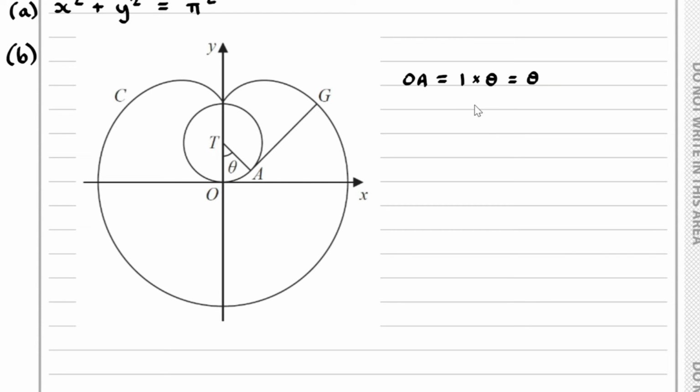So OA has a length of theta, and AG, if the length of the entire rope over here is pi, then we take away this little bit, leaving us with this bit over here. So AG has a length of pi minus theta.